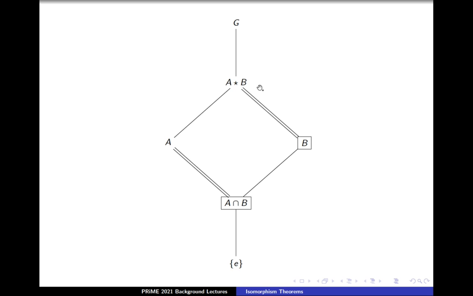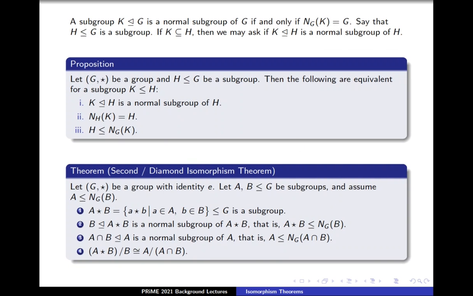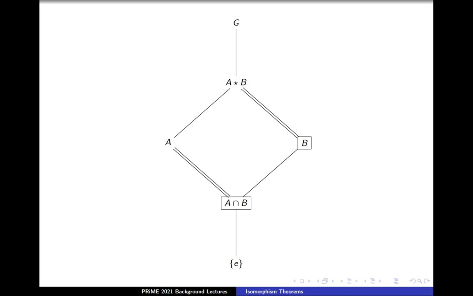One will be A star B mod B, so this upper right hand side of the diamond. And we also look at this quotient on the lower left hand side of the diamond, A mod A intersect B. So by the second isomorphism theorem, what we're saying is that these two quotients are isomorphic. A star B mod B is isomorphic to A mod A intersect B.